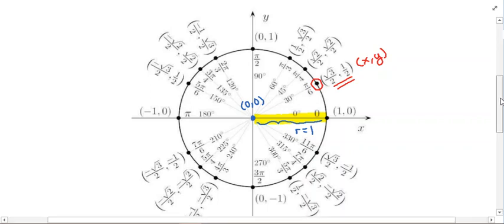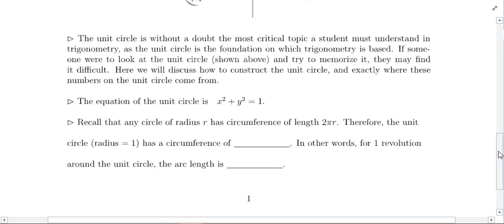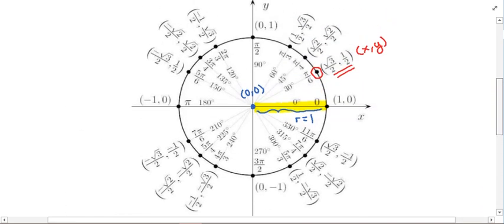If you read below, it says the unit circle is without a doubt the most critical topic a student must understand in trigonometry, as it is the foundation on which trigonometry is based. If someone were to look at the unit circle shown above and try to memorize it, they might find it difficult. So here we're going to discuss how to construct the unit circle and exactly where all these numbers come from.